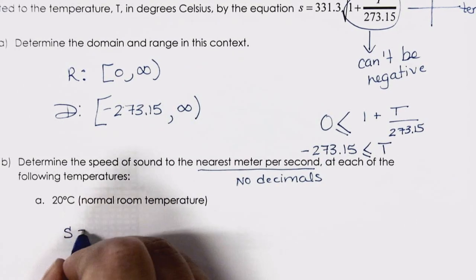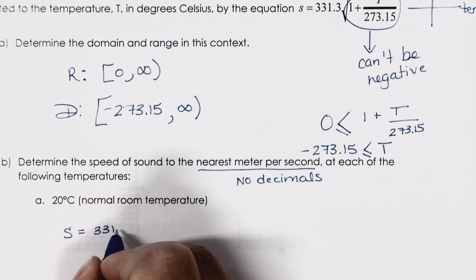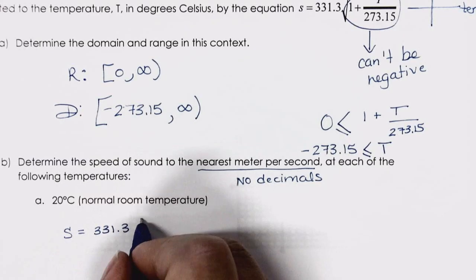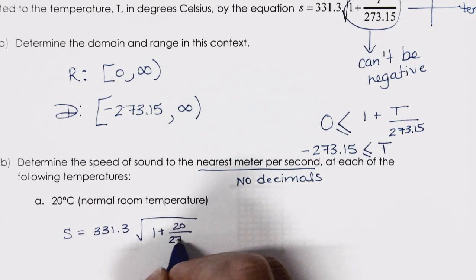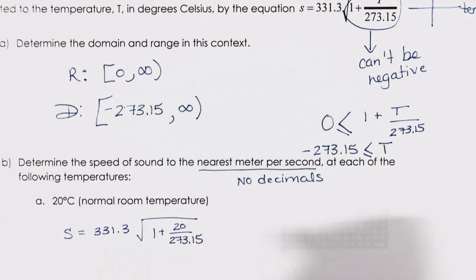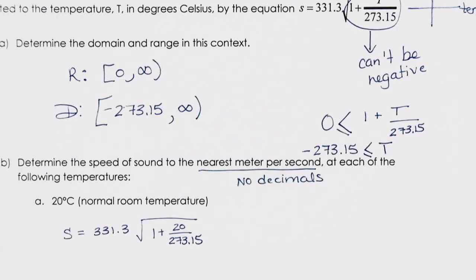T. And what did we say negative 273.15 was? 0 kelvins? Yeah. And there's no heat at that point? Yeah. So it makes sense.